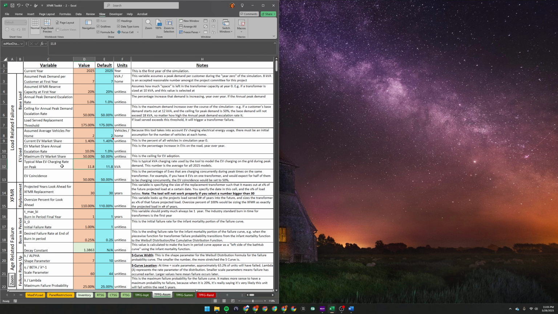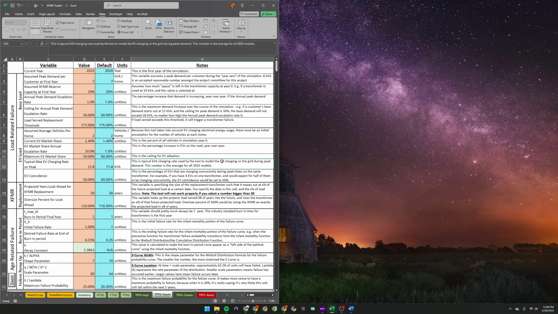I think that pretty well explains that. The other thing here is this EV coincidence factor that I've put in. So you could account for those 5 of 10 people or whatever through the kVA amount. You could also account for it here. I'm just going to read the definition because it's a little confusing, but it's the percentage of EVs that are charging concurrently during peak times on the same transformer.